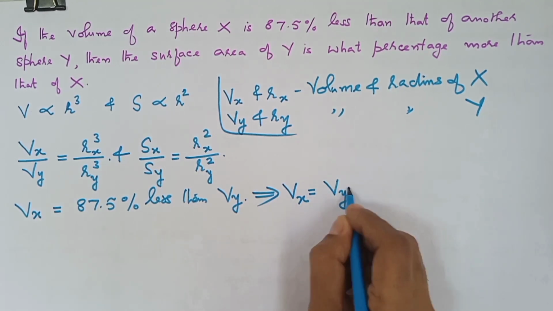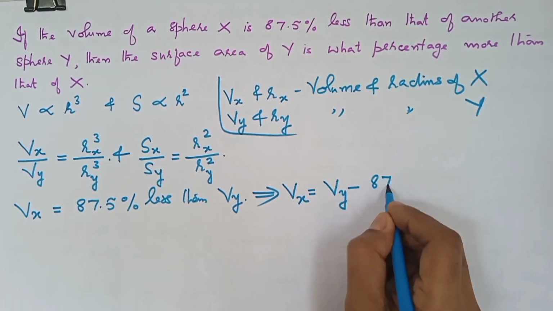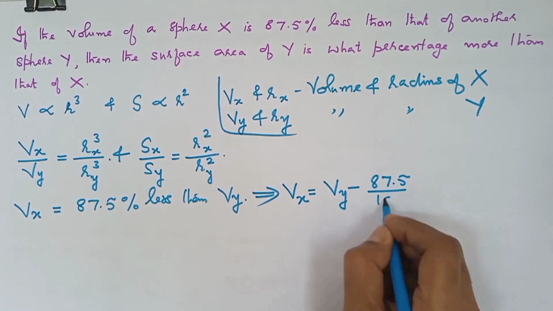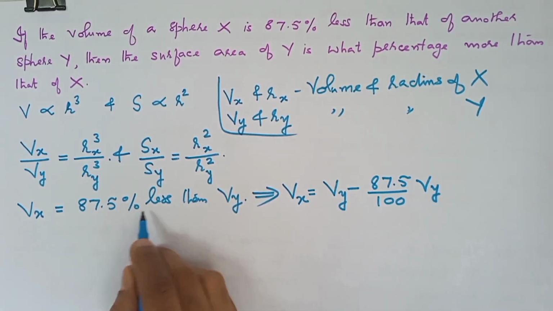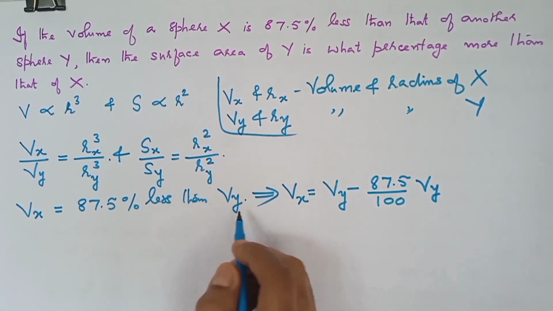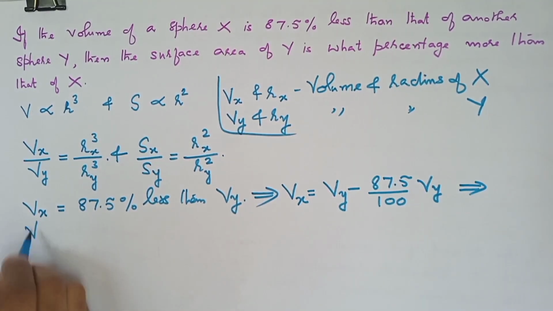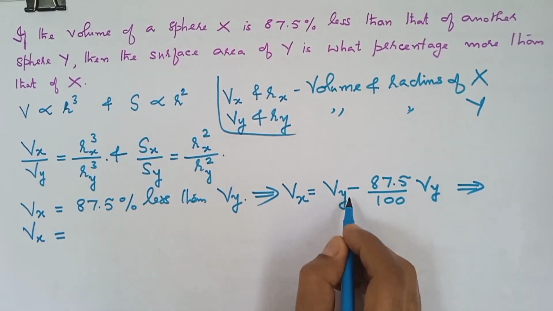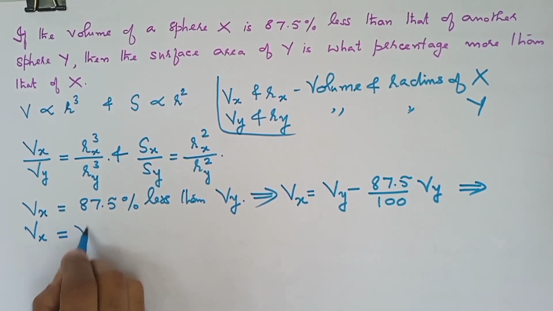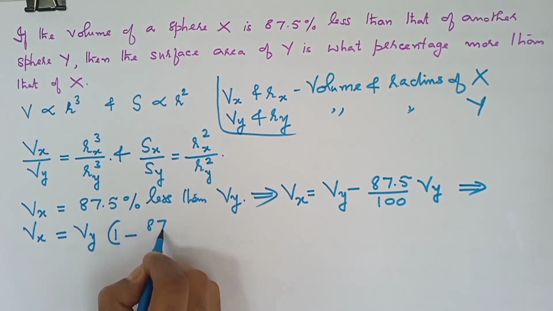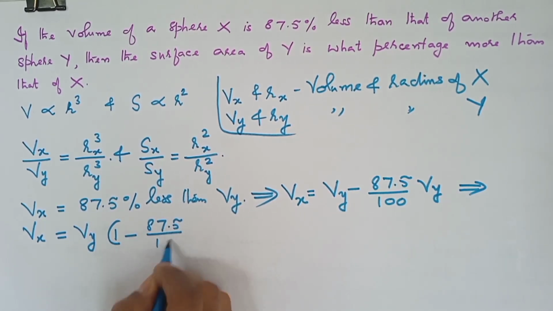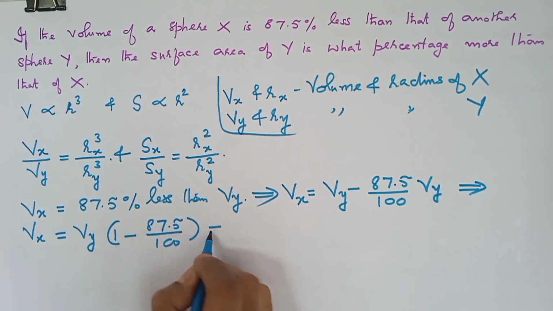This means Vx equals Vy minus 87.5% of Vy. This is the meaning of 87.5% less than Vy. That implies, take Vy common. It is equal to what?